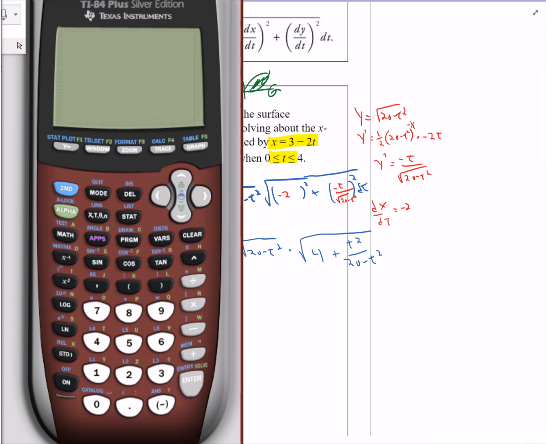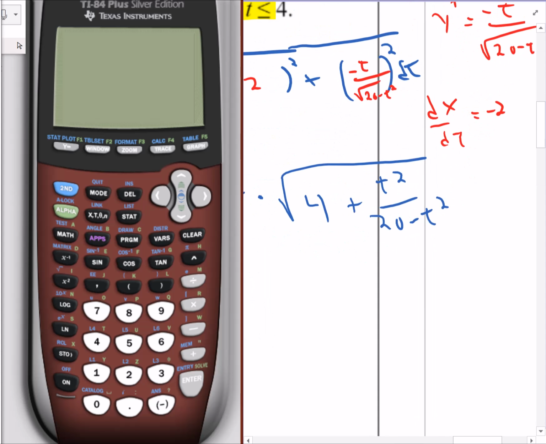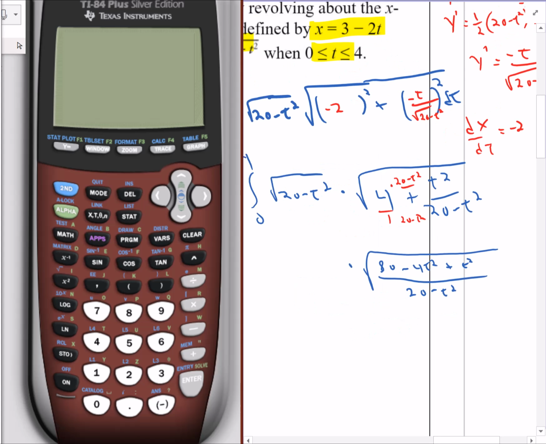What do we got to do here? We have to find a common denominator so we can actually combine these two together on the inside of this radical. So we're going to multiply this 4 times 20 minus t squared on the top and the bottom. What that's going to give us is 80 minus 4t squared, and there's this t squared over here, all over 20 minus t squared, and then the outside piece is still here as well, right?